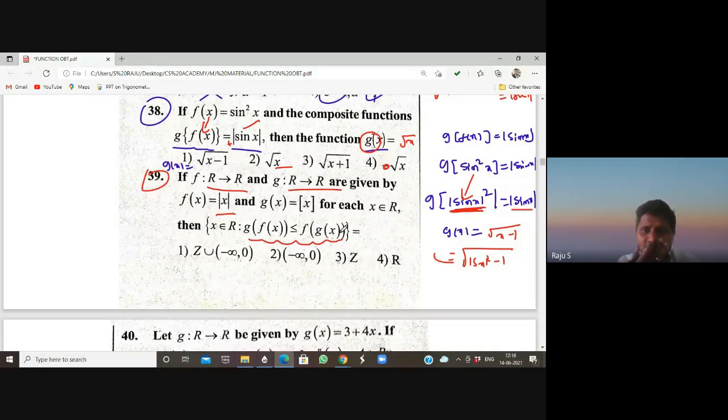When this condition is applicable, it is only for Z union negative real numbers, minus infinity to 0, that is R minus integers union R minus. Anyhow, minus infinity to 0 are only integers or real numbers. So let us see this question here.